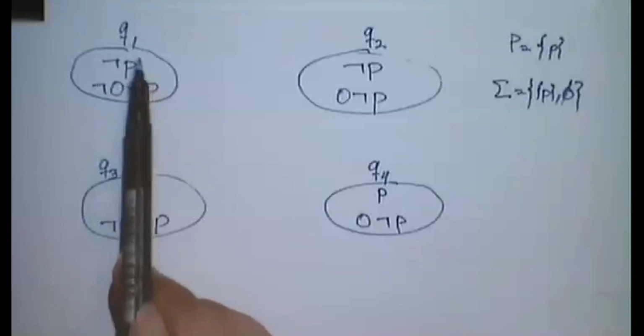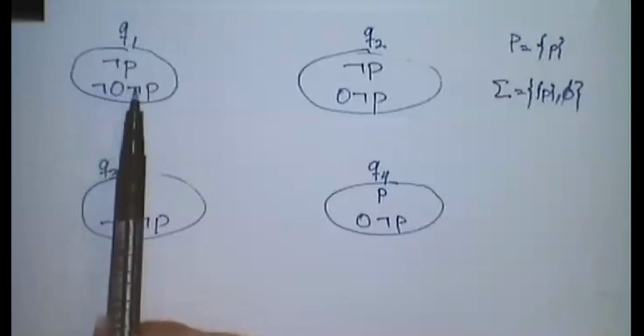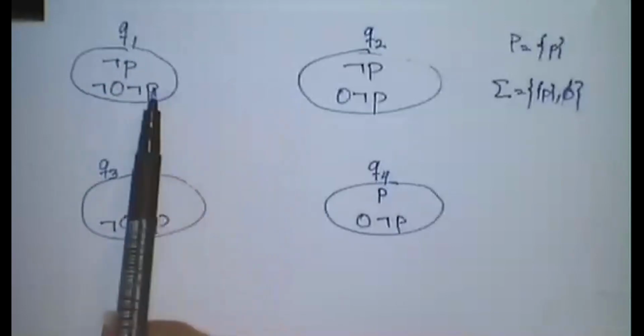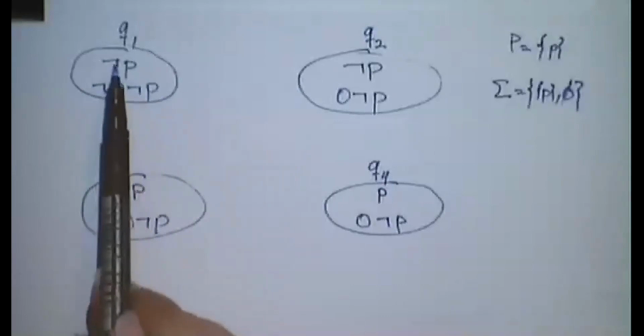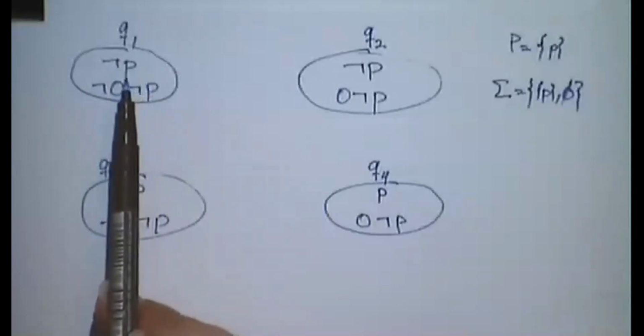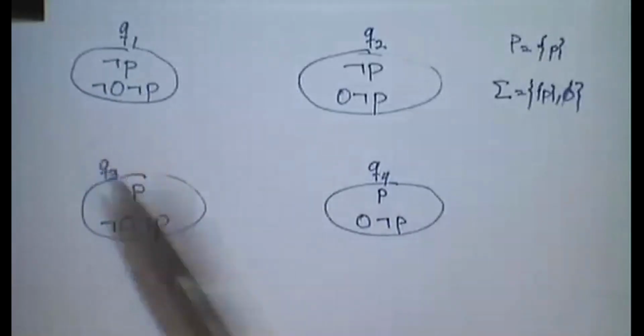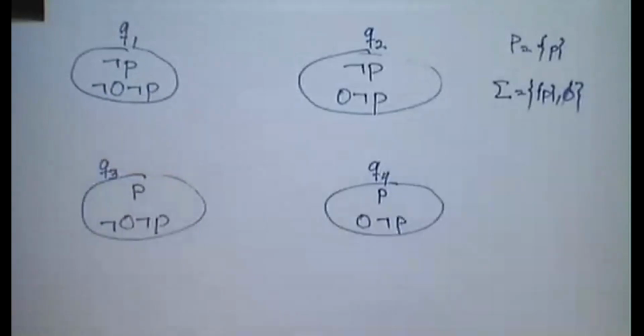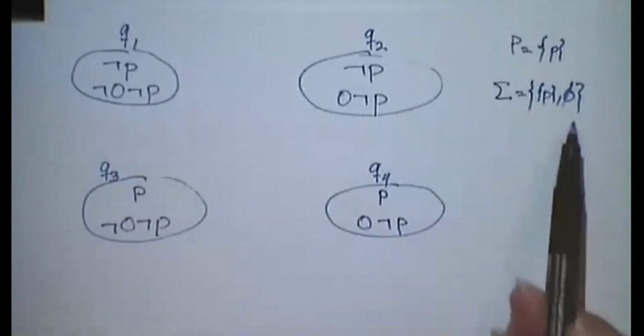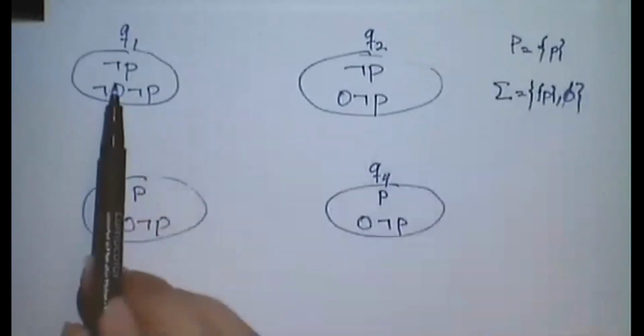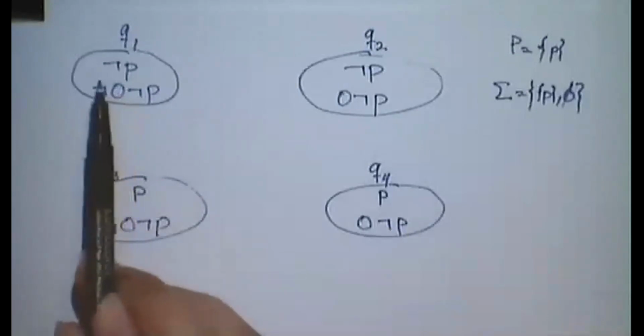So we can say that from Q1, we have no transitions labeled P. So if we are at Q1 and we read P, then we reject. Okay. Now, what if we are at Q1 and we read the empty set? Because we are reading the empty set, we are satisfying not P. So this one is definitely satisfied.